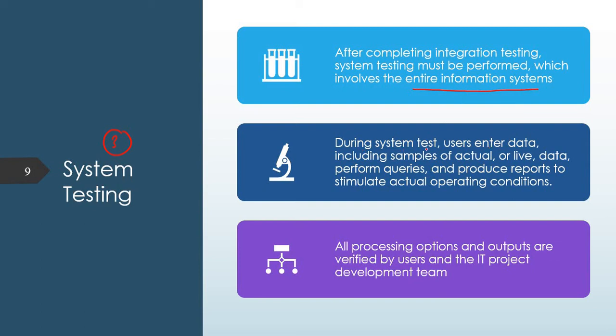During the system test, users will enter the data, including any samples of actual or live data, perform queries, and produce reports to simulate the actual operating conditions. That's why we are using the real users. All processing options and outputs are verified also by the users together with the IT project development team.